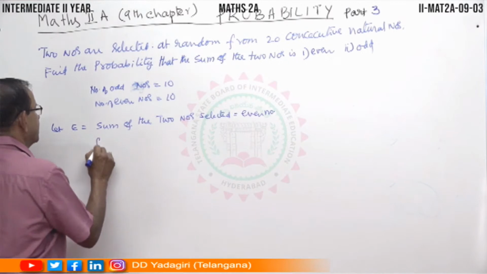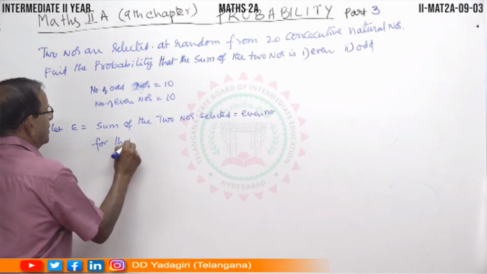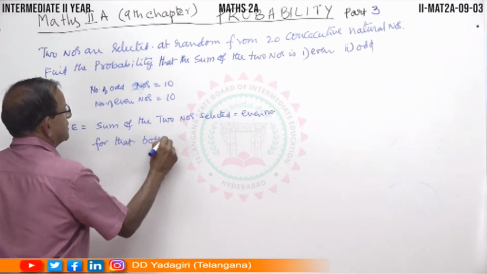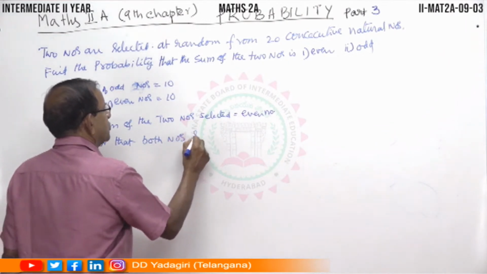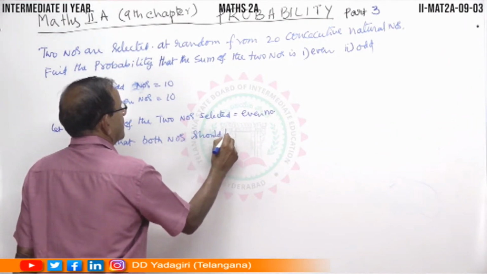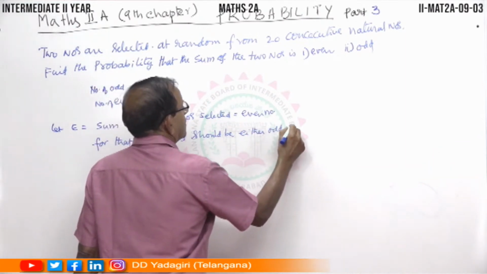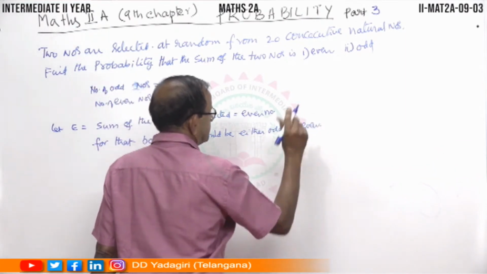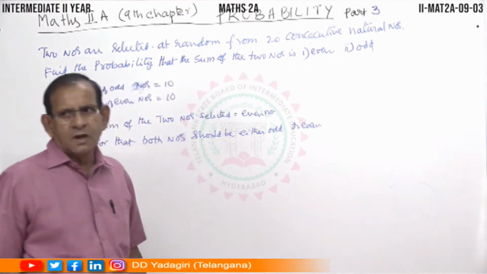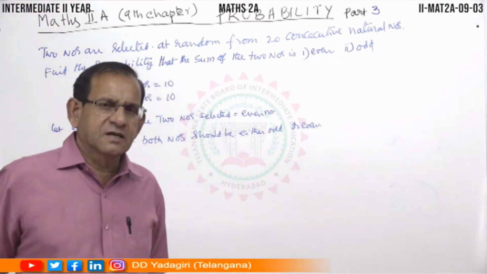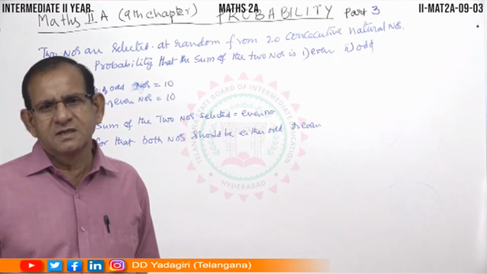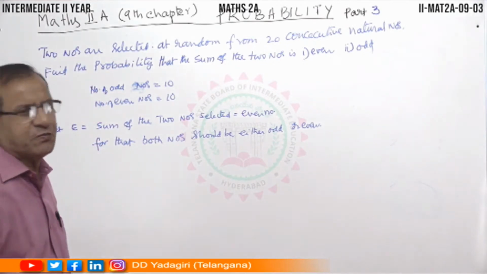For that, both numbers should be either odd or even. How many ways can we select two numbers from 20 numbers? It is 20C2.